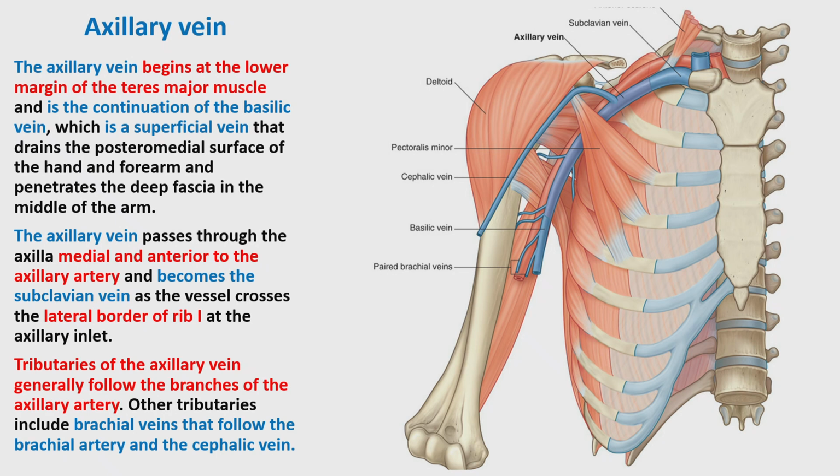Between these two muscles there is a fissure, which the subclavian artery passes through together with the brachial plexus, which we are going to discuss in the nervous system. But the subclavian vein is anterior to the anterior scalene muscle. It doesn't pass through the fissure.